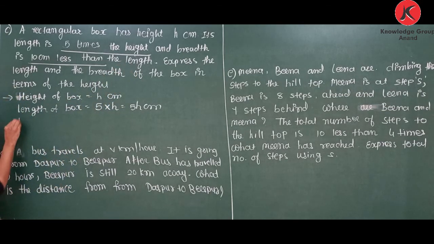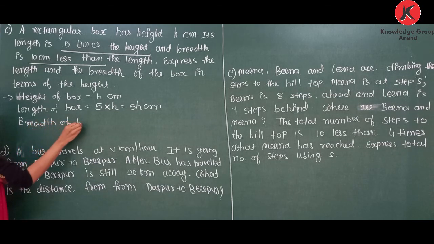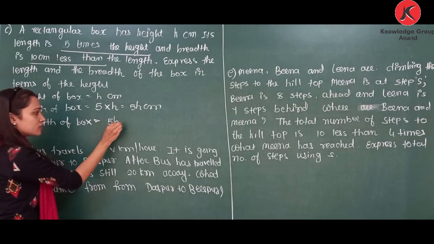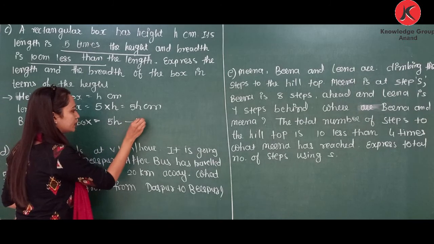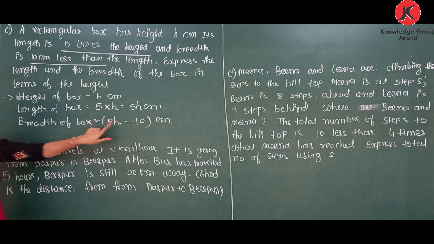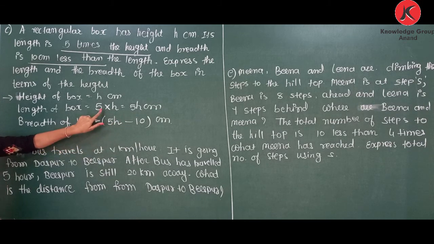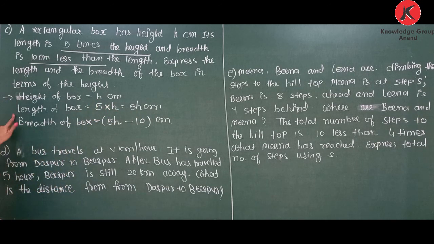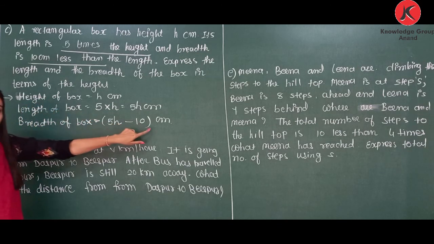So the breadth of the box is the length minus 10 centimeters. Length is 5 times the height. So we have the variable in all the measurements. Length is 5x, breadth is 5x minus 10.